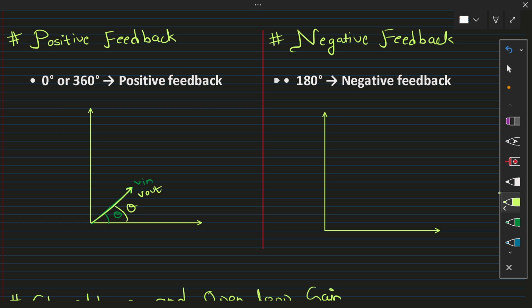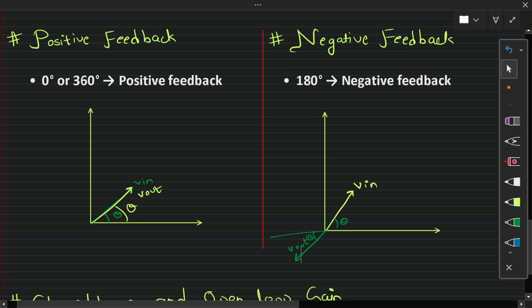And in the negative feedback loop, if this is your V input, then the V output will be like this, and the phase between the V input and V output is 180 degrees. So we call them positive feedback and negative feedback.